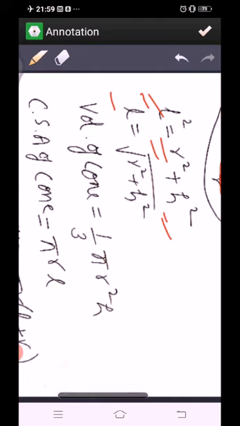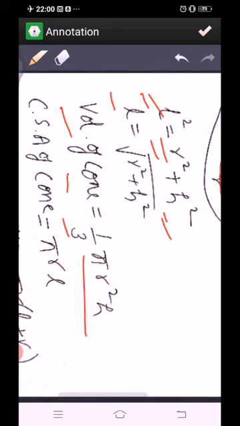Then volume of cone. Volume of cone is equal to 1/3 of the volume of a cylinder of the same radius and height. So the volume of cone will be 1/3 pi r square h. This is 1/3 of the volume of a cylinder with the same radius and height.